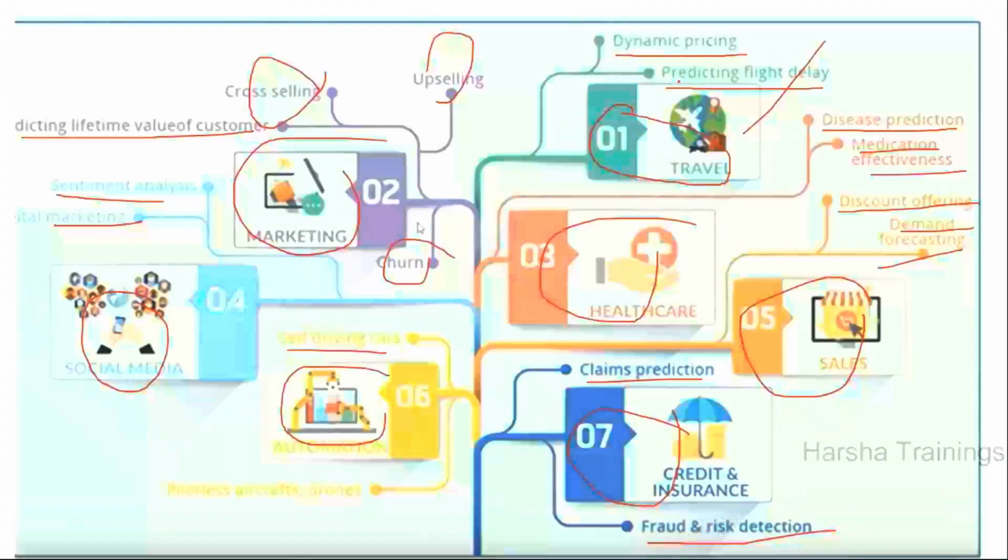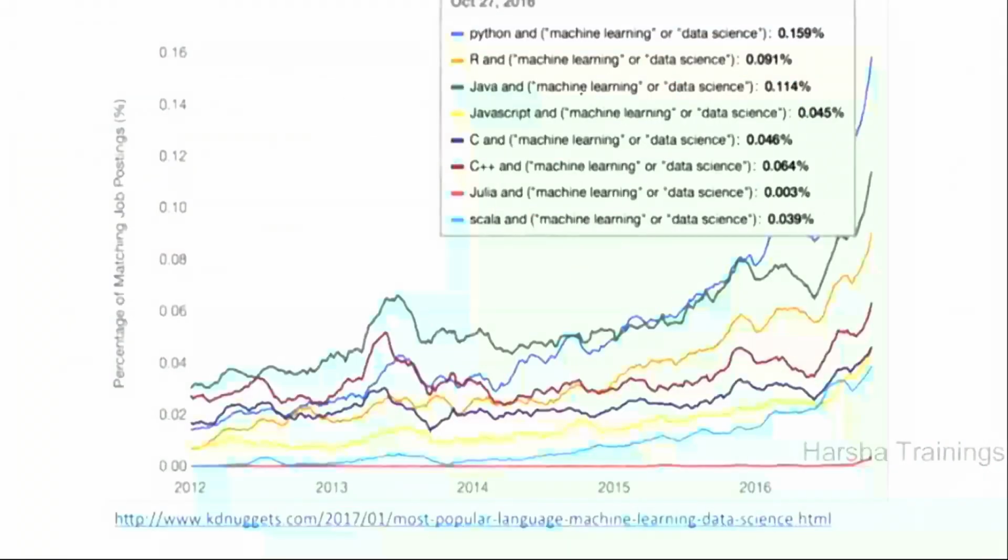Now you can ask one question: sir, why are you people saying Python? Other than Python, do we have languages such as Java, JavaScript, Scala, so many languages? According to the statistics of one website, Python is the best for machine learning applications compared with all other languages.